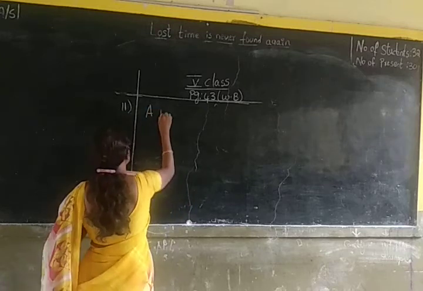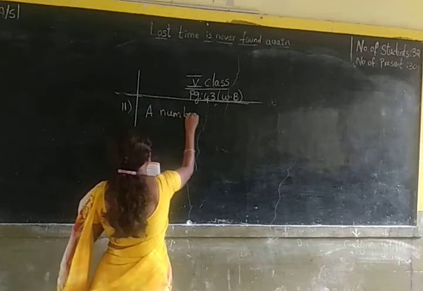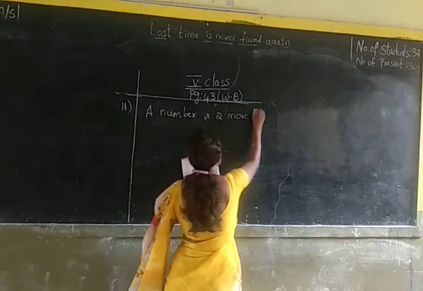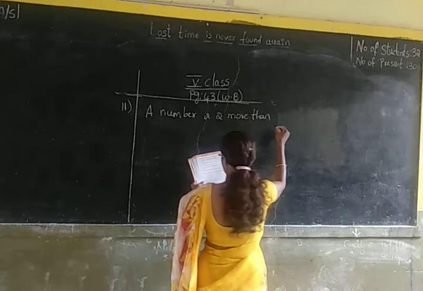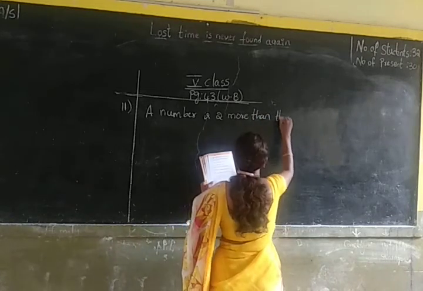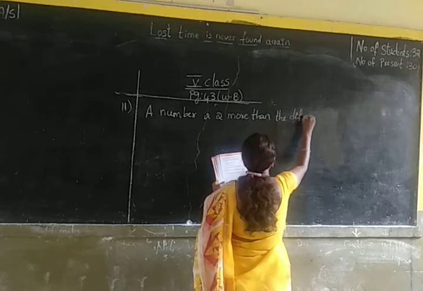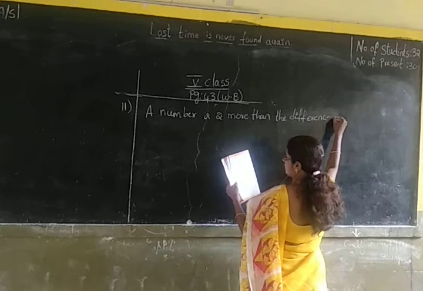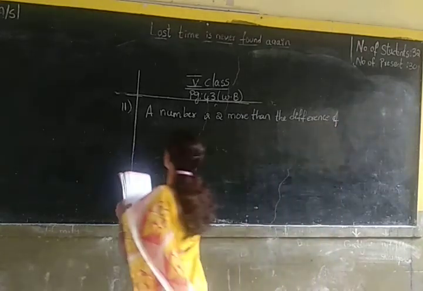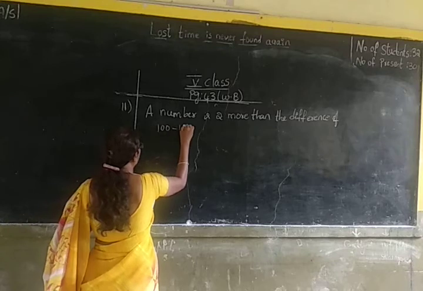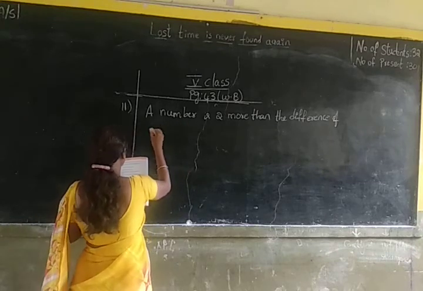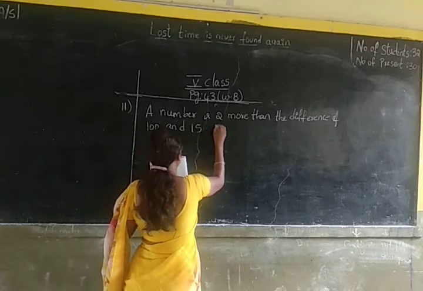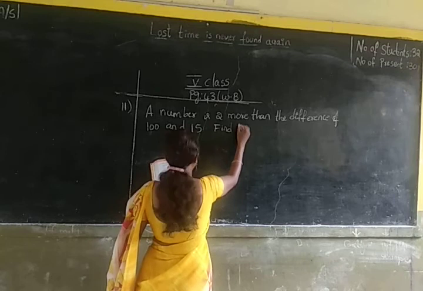The number is 2 more than the difference of 100 and 15. Find the number.